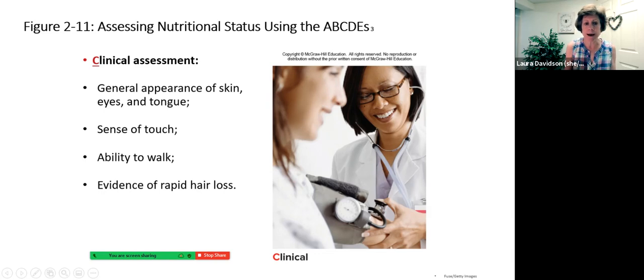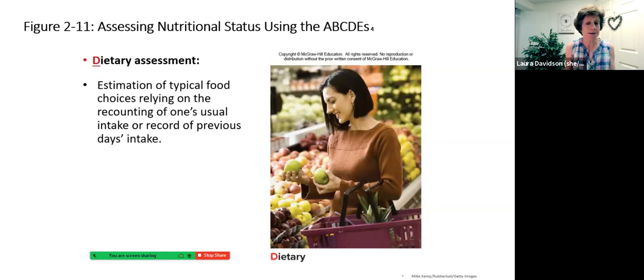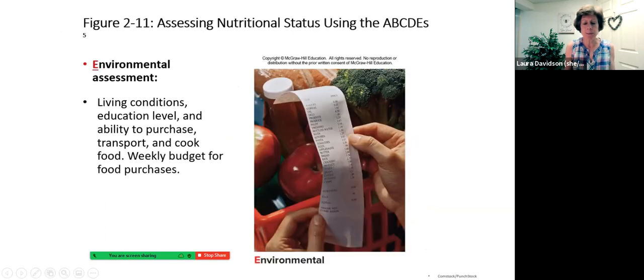So appearance of skin, eyes, tongue, their gait, their hair, etc. Dietary assessment is some method of determining what that individual's diet is and how it compares to their needs. And then environmental assessment is very important because we certainly need to consider things like budget and living conditions and ability to get out and shop and cook.